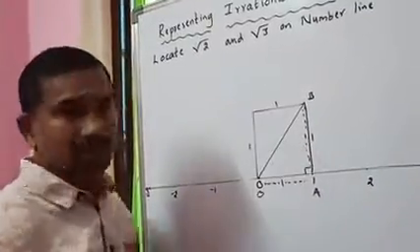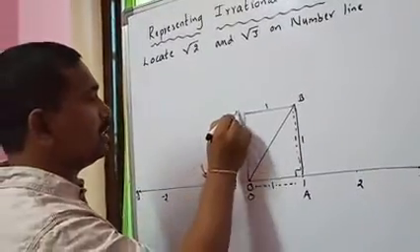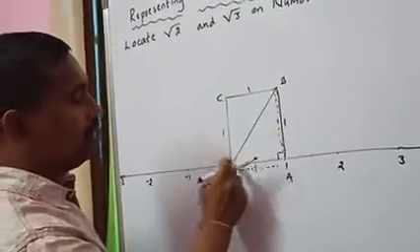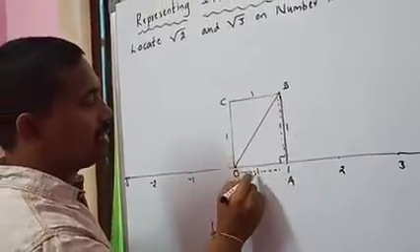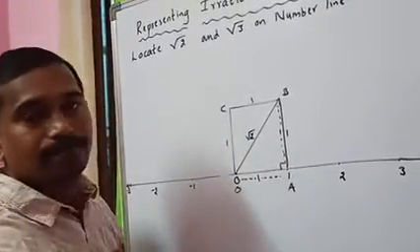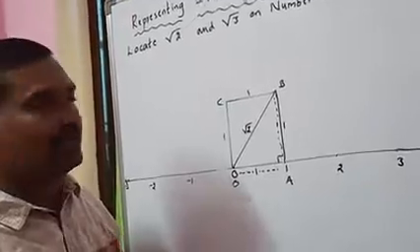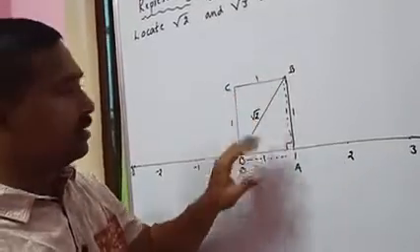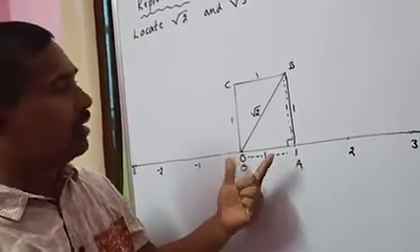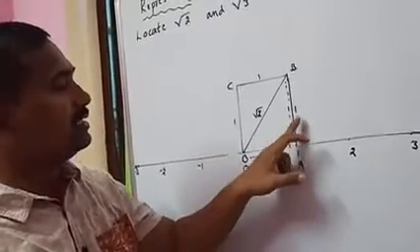OABC is a square with side 1 unit. This OAB is a right angle triangle. This base is 1, this is 1, and this hypotenuse is root 2. Are you getting it? Take the square OABC with OA as the base. It is 1 unit, it is 1 unit length.